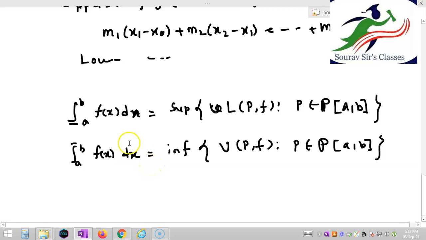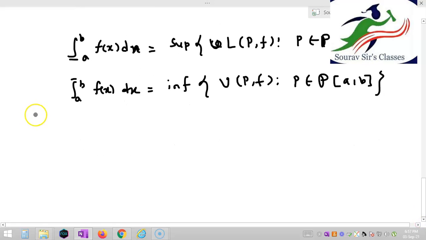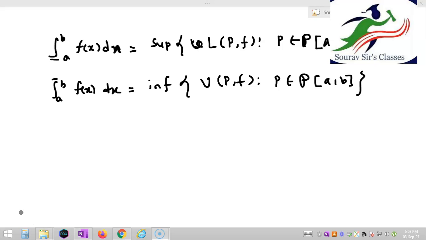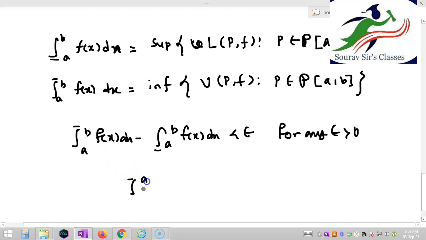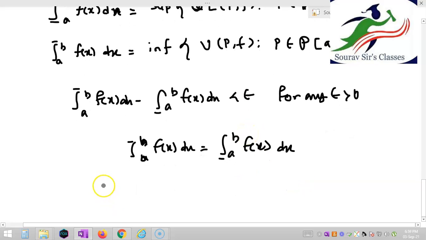Okay, now if the value of this upper integral from a to b of f(x) dx minus the lower integral from a to b of f(x) dx is less than epsilon for any epsilon greater than 0, in other words, the value of the upper integral is equal to the value of the lower integral, then we say that f is Riemann integrable.